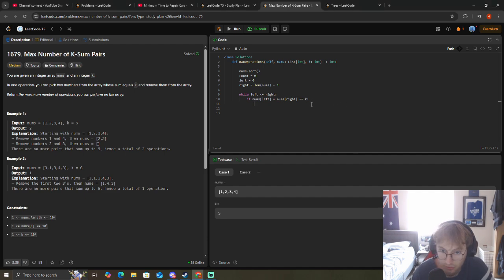I think we have a remove function, so we do nums dot remove, nums left, nums dot remove. Do we actually have to remove though? I guess left plus equal to 1, right minus equal to 1, and we can just increase our count. I don't think we technically need to remove. We just return our count.